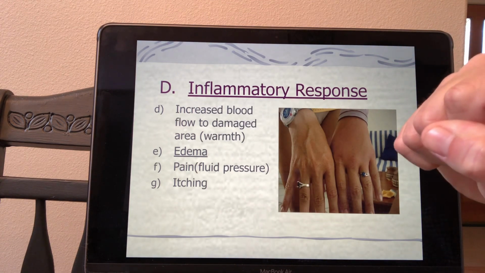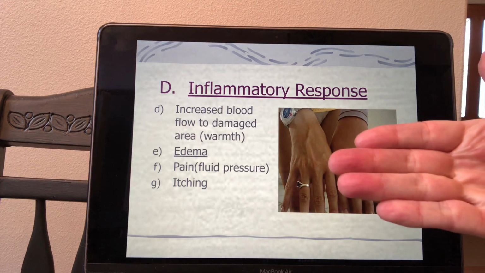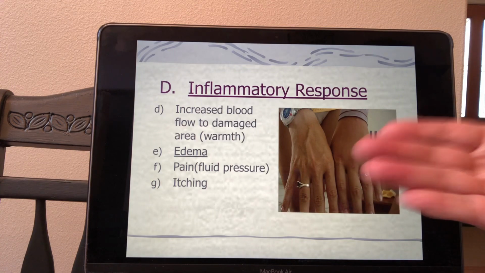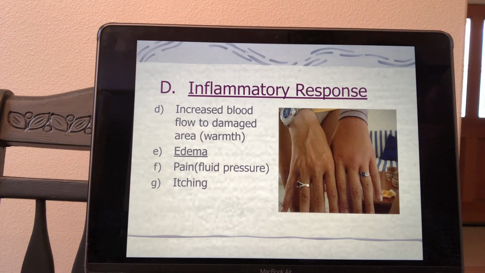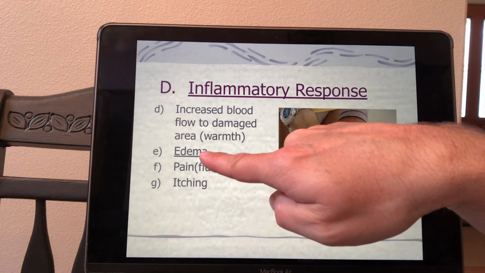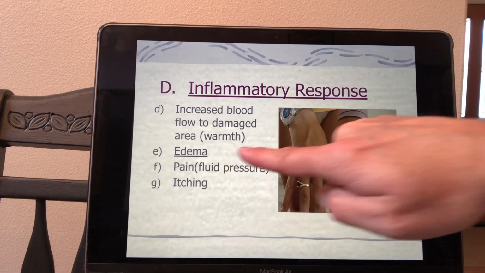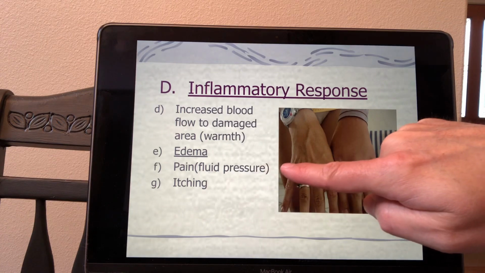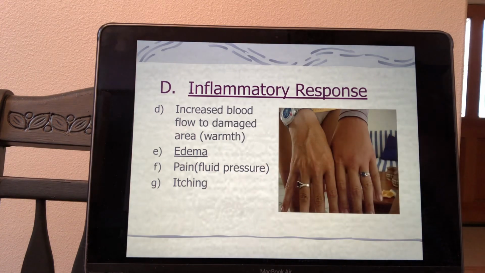When the blood vessels get small, less blood can flow into them, which means less heat is going to come to the damaged area. Vasoconstriction by ice is going to cause the edema or the swelling to go down. The pain is also going to feel a lot better because the fluid pressure will decrease.